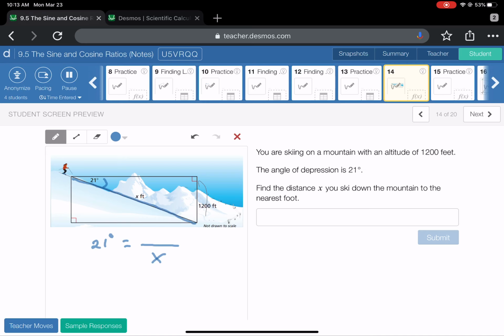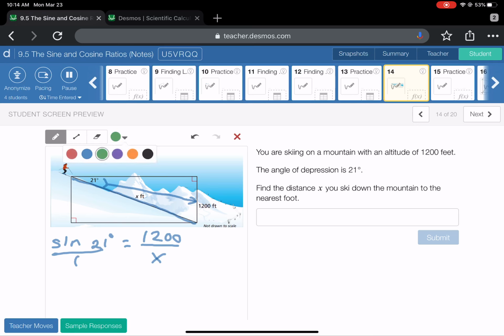I know I have this side here, 12,000 feet, which is right across from 21, so I'm going to put that here. 12,000 is across, or the opposite. So if it's opposite over hypotenuse, then I must use sine.